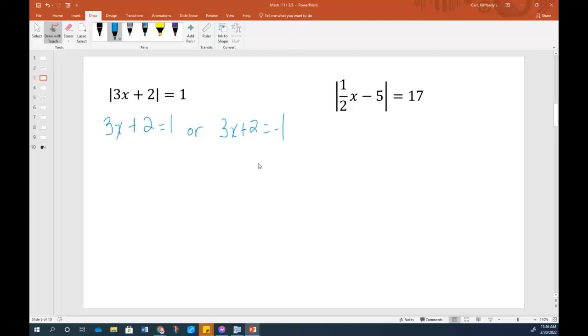After you set it up like that, we are solving it just like we've solved everything else. Subtracting 2, 3x is negative 1, x is equal to negative 1/3, or 3x is equal to negative 3, and x is equal to negative 1.